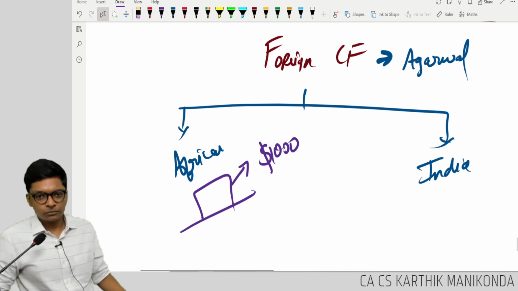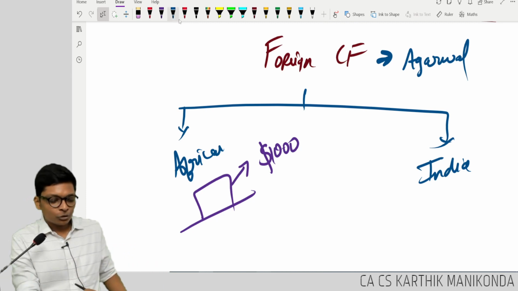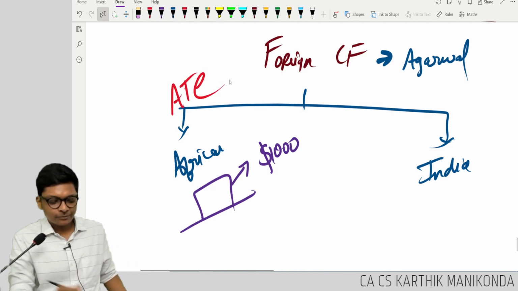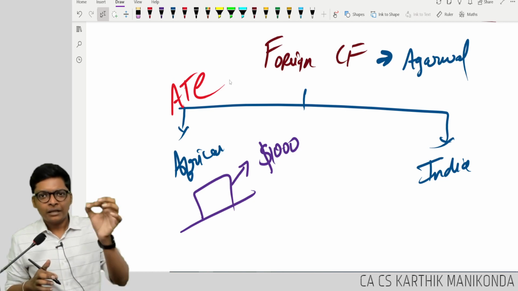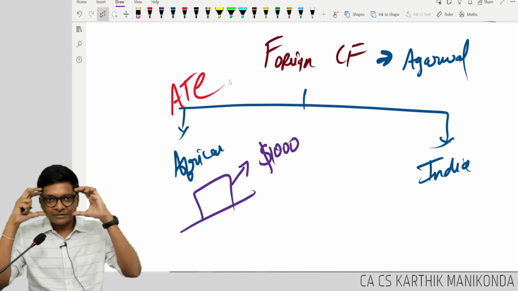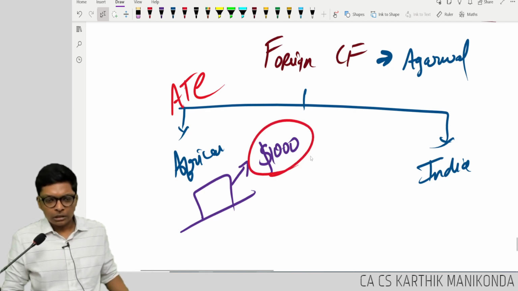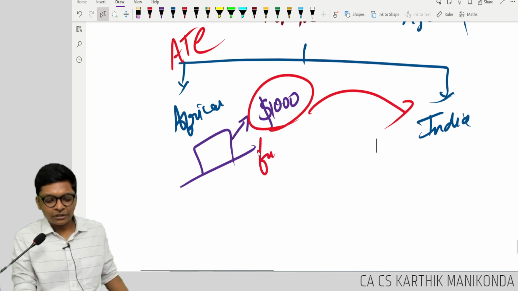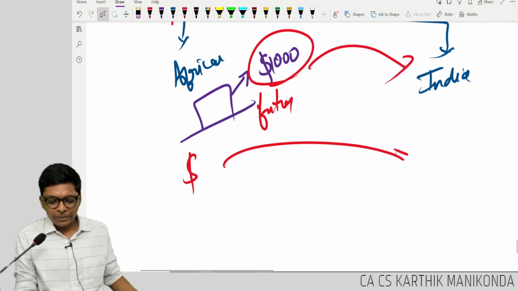Anytime I check up, go sit there, give 100 rupees, they will do some scan and give a report. So they generated $1,000. I have to bring it to India. This is future cash flow, sir. So this $1,000 should be converted to rupees.